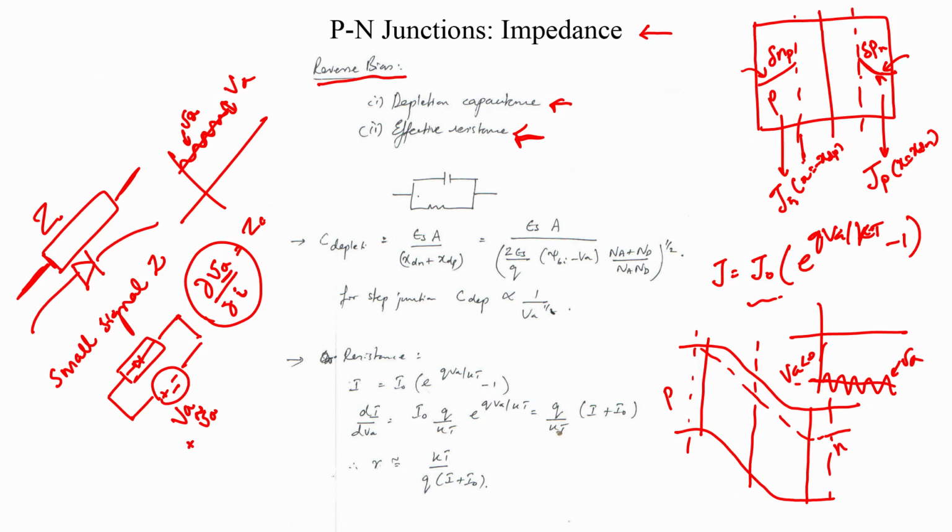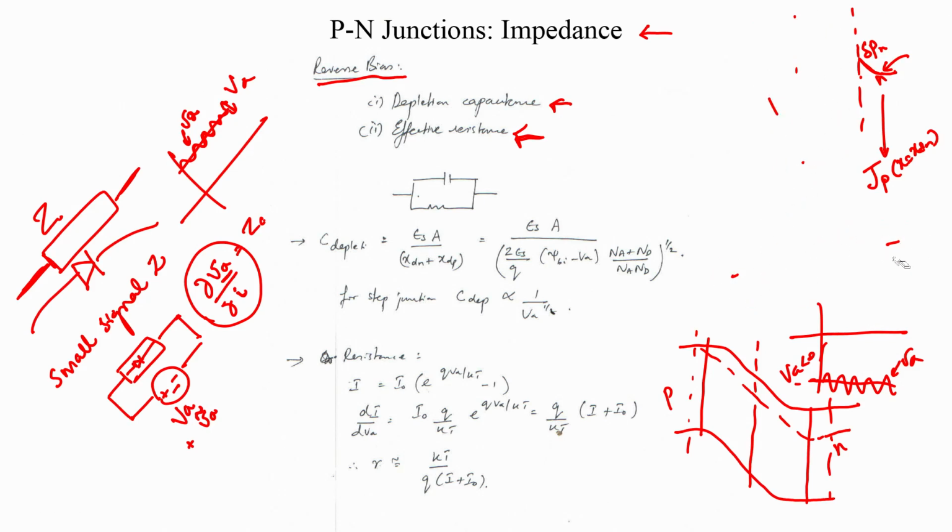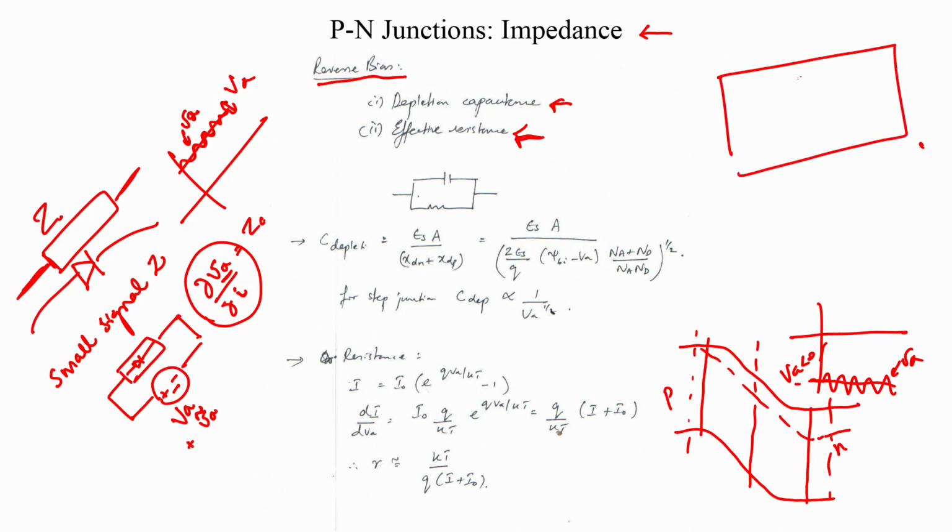Okay, and the answer is there are two components here. You have a heavily doped N side and a heavily doped P side, and at the interface you have a depleted region. So you have your P, you have your N, and this depleted region has no free carriers, but these two regions are almost metallic.